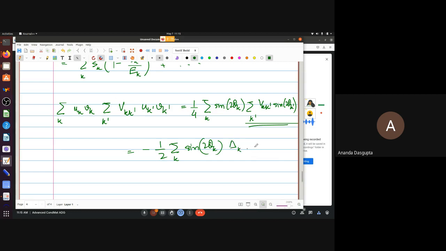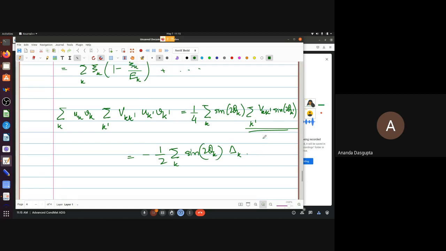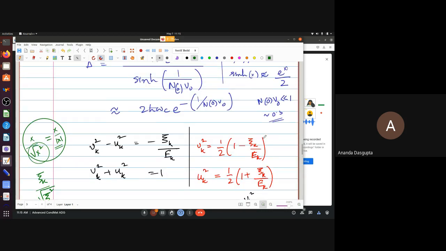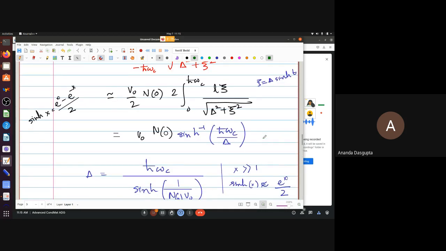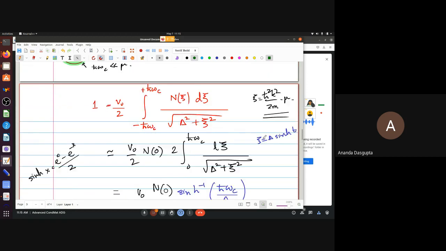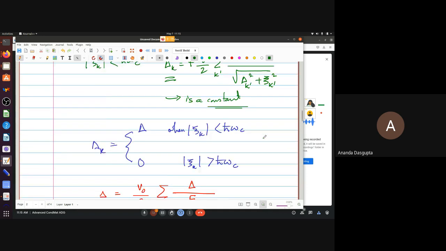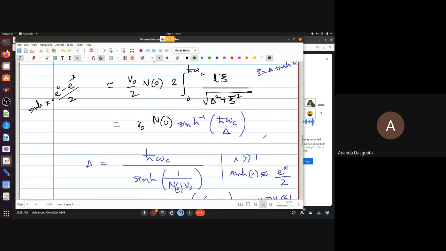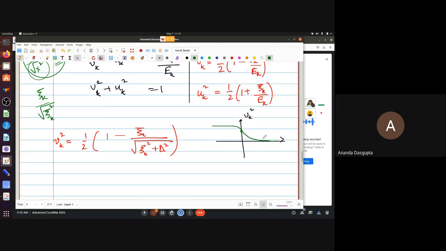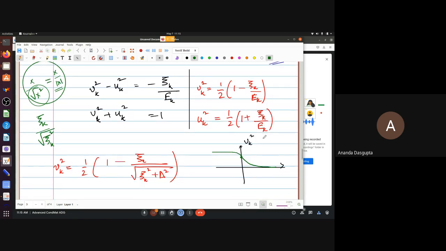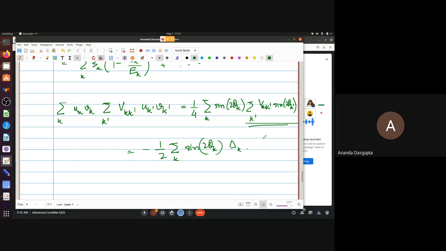But in our model, delta k is a constant, and we already know what sine 2 theta k is in terms of that. Delta k is delta, and this sine.